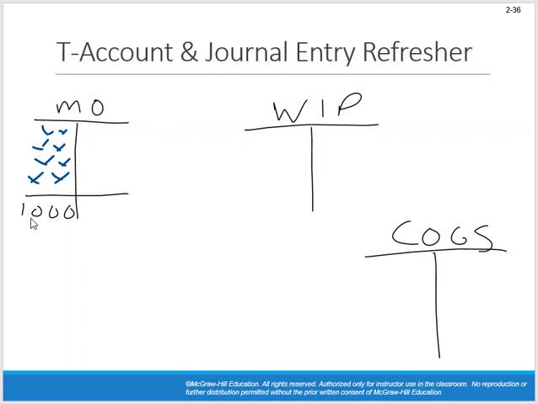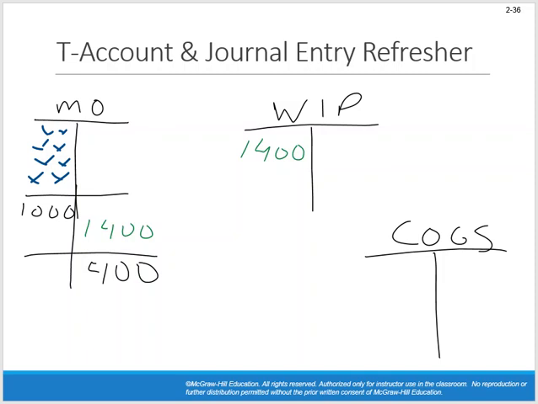So again, when we apply MO to WIP, that would be a debit to WIP of $1,400 and a credit to MO. So I'm going to credit MO $1,400. And of course, then we end up with a negative balance, a credit balance in MO.